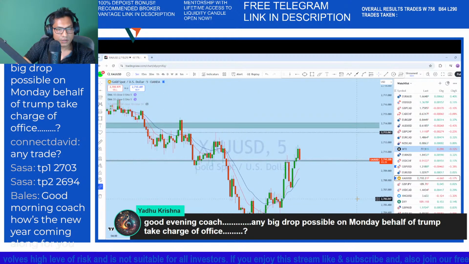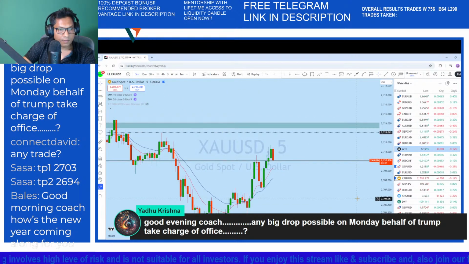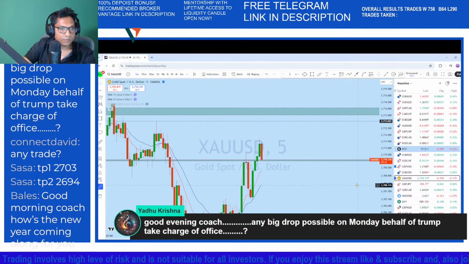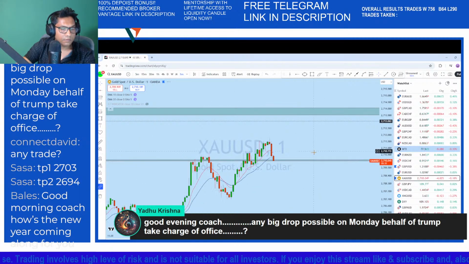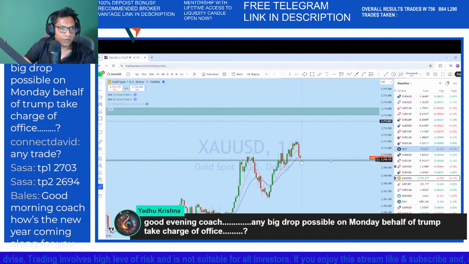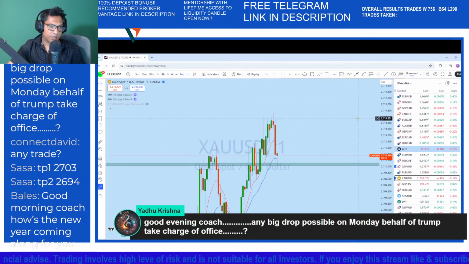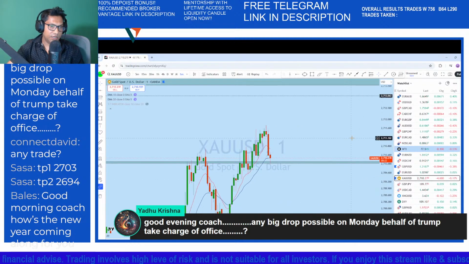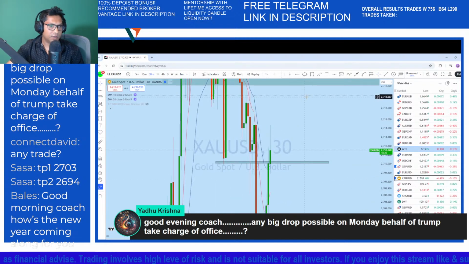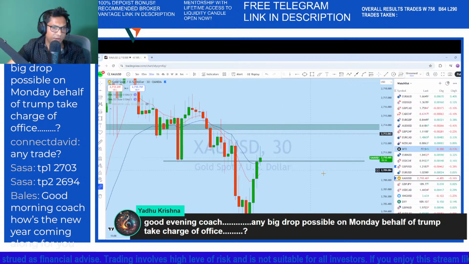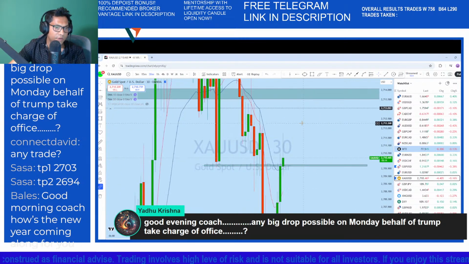And from here a drop to the support level. So to see where it is heading at the moment, and in that area what we can expect for the price to revert back up.